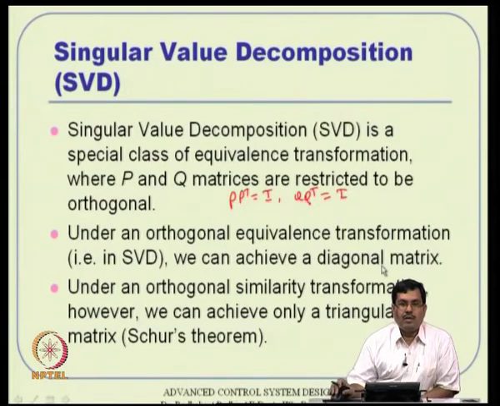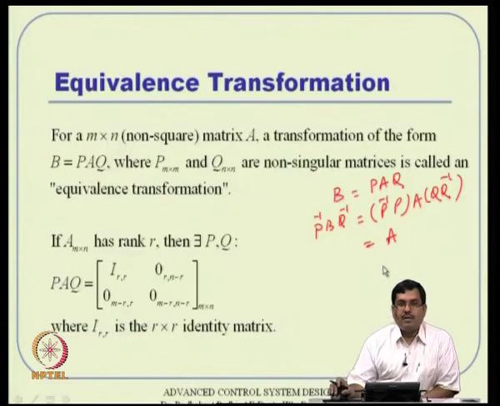In general it can be a non-square matrix. The reduced form is m by n, the dimension remains the same.